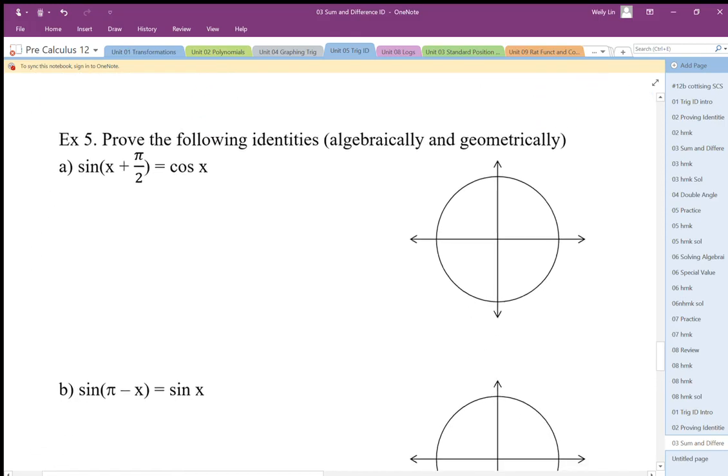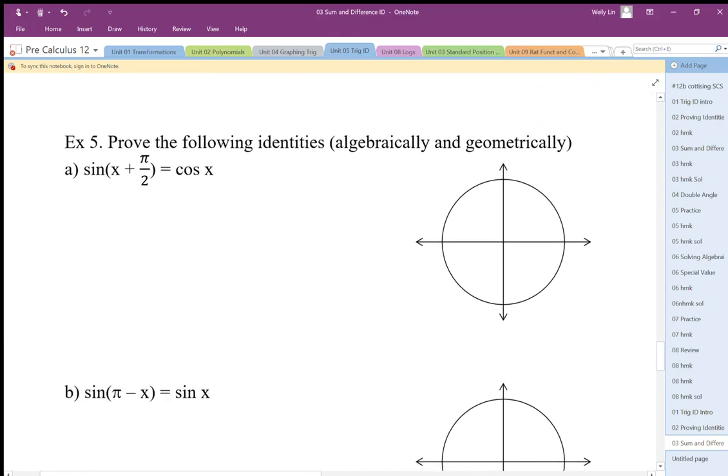So this one we did a problem like this geometrically before. There's angle x, and I'm just going to add 90 degrees to it. So I'm going to take that angle and add 90 degrees to it, and I'm going to get this same triangle oriented slightly differently. What this is saying is that this is the sine value of that red angle, sine of x plus pi over 2.